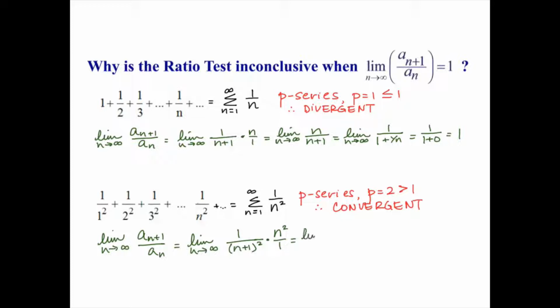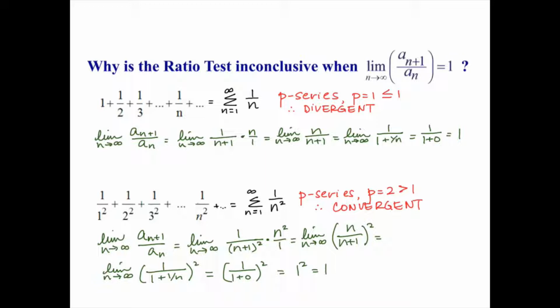This is the limit as n approaches infinity of n over n plus 1 quantity squared, which is the limit as n approaches infinity of, if I divide by the highest power of n in the denominator, I get 1 over 1 plus 1 over n, which is 1 over 1 plus 0 quantity squared, or 1. So here I have two series, both positive term series.